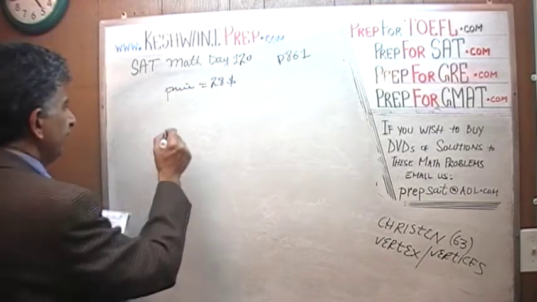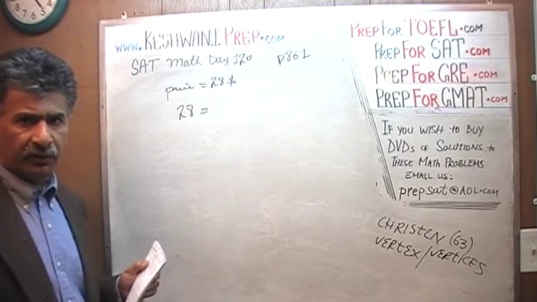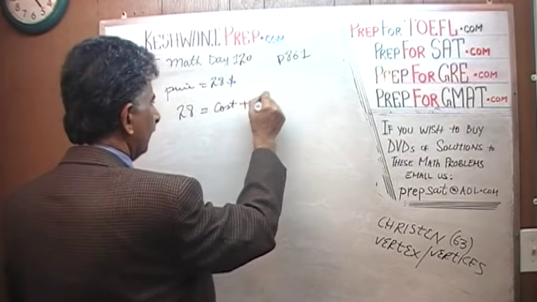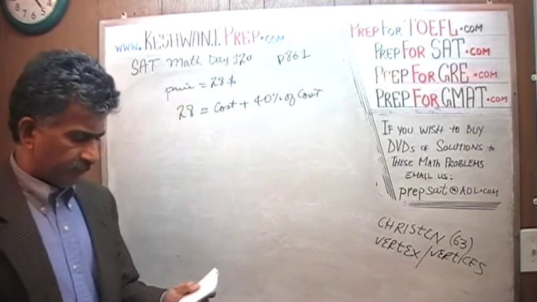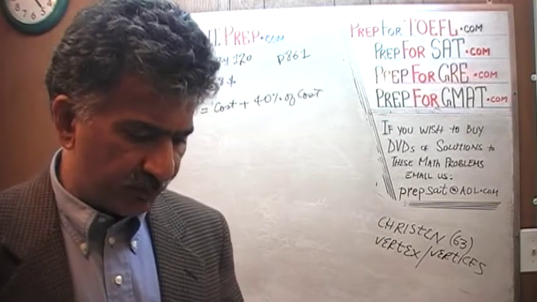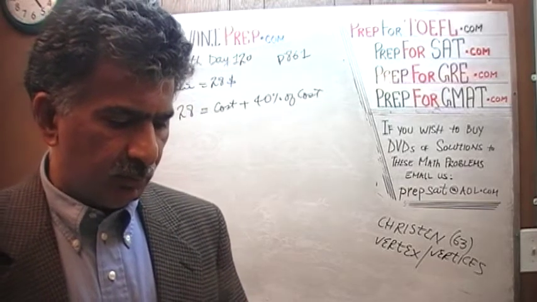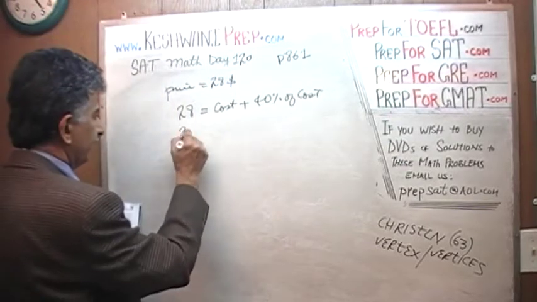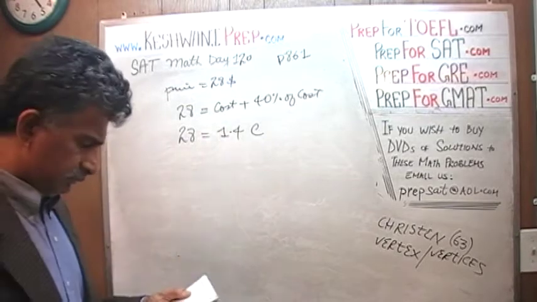So this $28 equals cost plus 40% of cost, which means this $28 that we see here is equal to 1.4 times the cost.